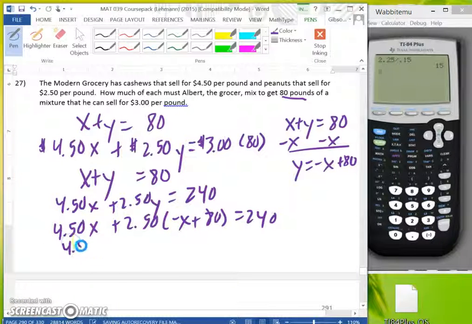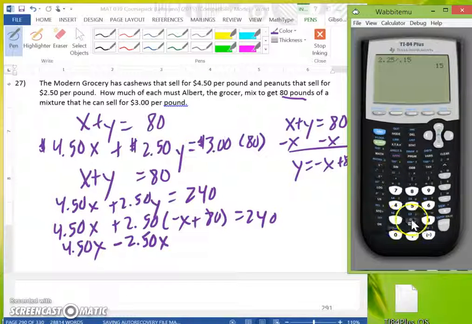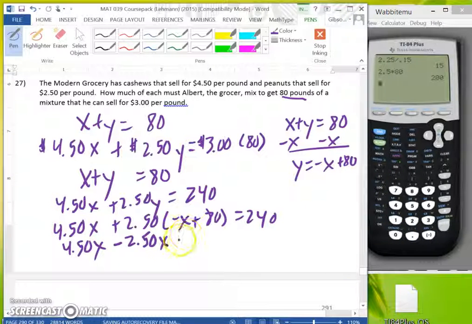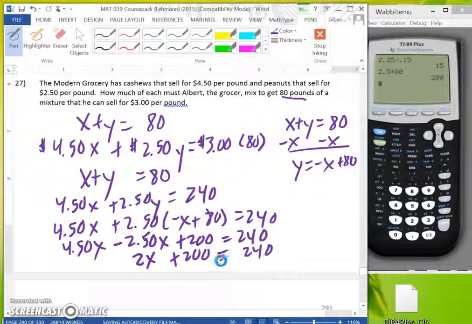So we will have 4.50x minus 2.50x, and then 2.50 times 80, we can do here in a calculator. That will give us 200. That equals 240. 4.50x minus 2.50x will leave us 2x plus 200 is equal to 240.